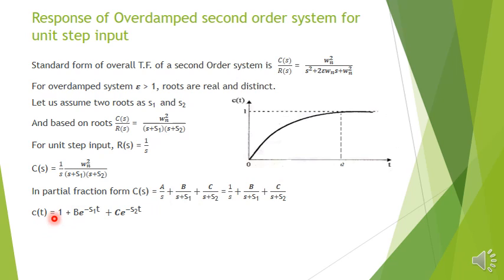So the c(t) expression is 1 plus B e to the power minus s1 t plus the other term. The waveform is similar to the critically damped system, but here it is t2 where it settles down, and the difference is that t2 is greater than t1, where t1 is the settling time of the critically damped system.